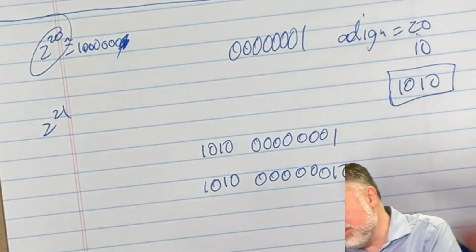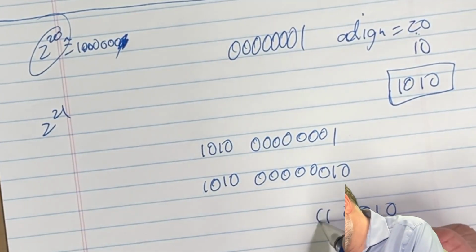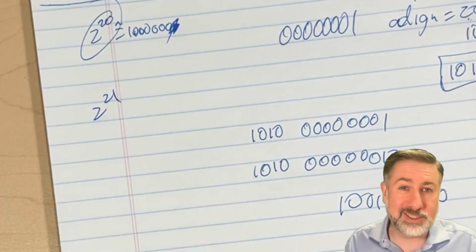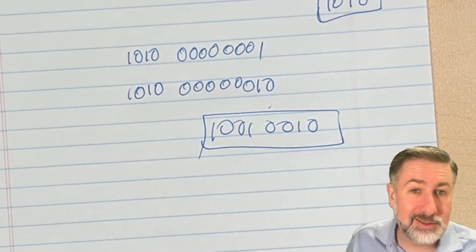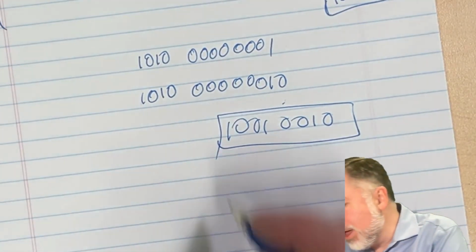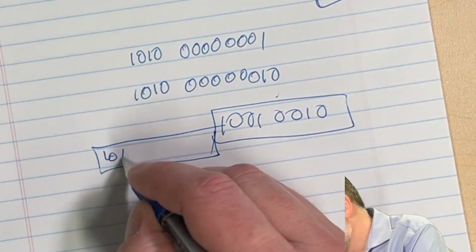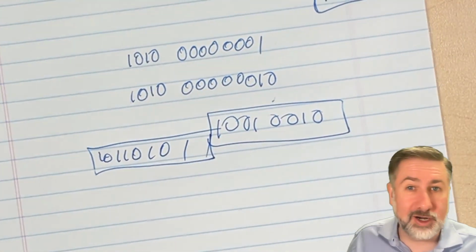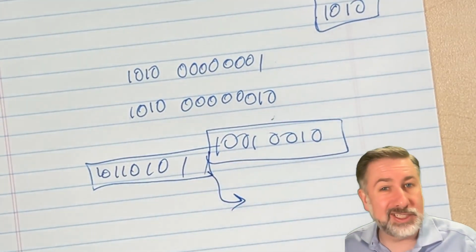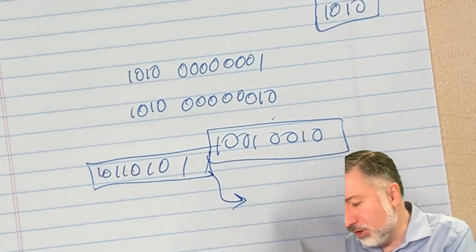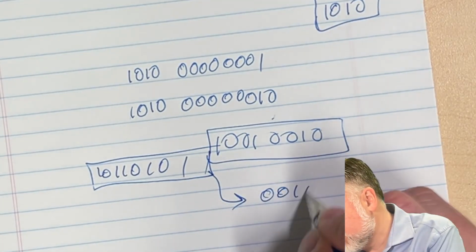You can take 8 bits, whatever they are. There's 8 bits, and I'm going to put that in the first byte of my 32-bit number, and then I'm going to take another 8 bits, whatever they are, and put them in the second byte. And this one here, the alignment is what? It's 8. So I put in 4, right?